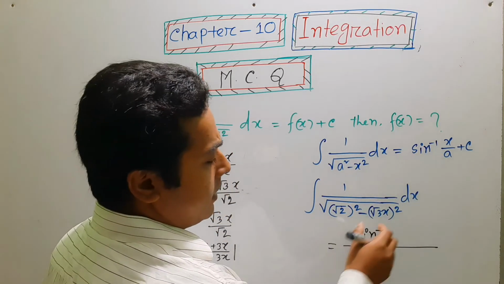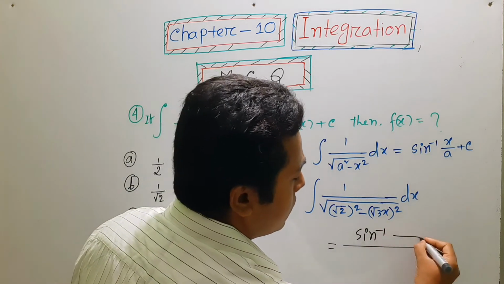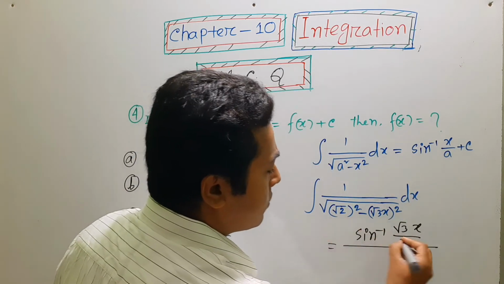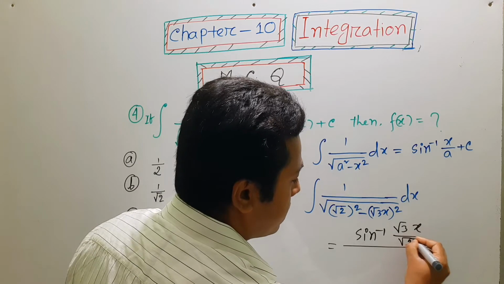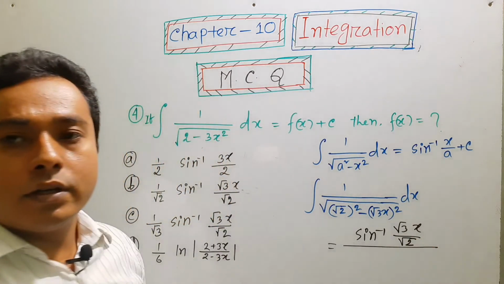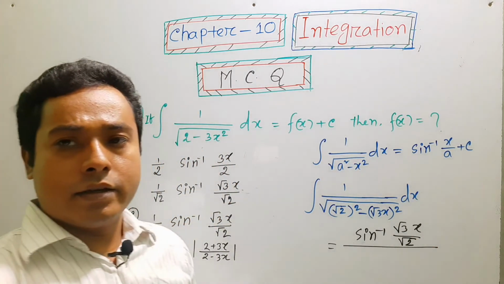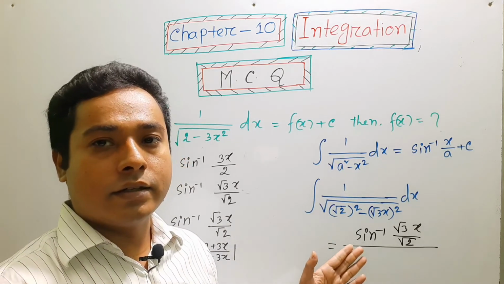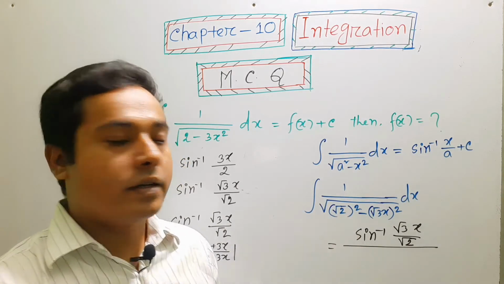x divided by a, here x is equal to root over 3x divided by a is equal to root over 2. Our technique is if any constant is involved with x, then the integral result is divided by that constant.